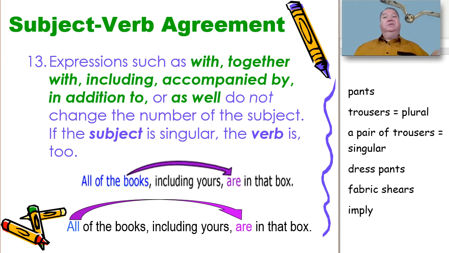But what's the actual subject? All. All of the books, including yours, are in that box. All are. Remember, of the books is a prepositional phrase, so the word books is not part of the subject. Okay? All are in that box.